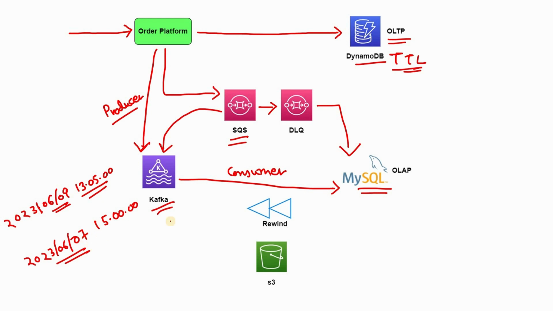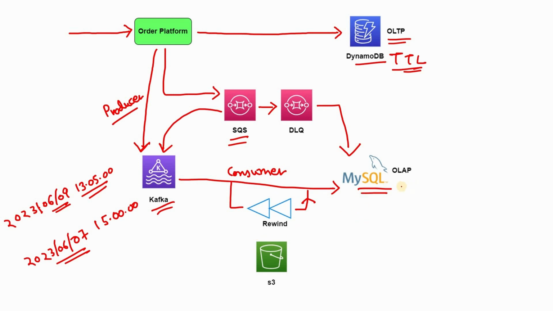But we need that older event. So that is a kind of rewind activity, right? In Kafka topics, by default, the messages get stored for 7 days. Based on the retention policy, you can increase or decrease that. So if the messages are stored in Kafka, we can easily rewind by resetting the offset, right? So the rewind feature is also possible in this consumer.